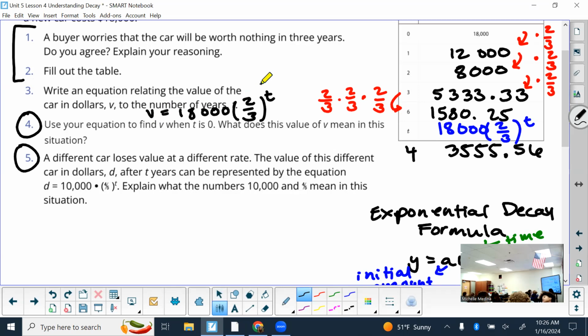If this is my equation and t is 0, table 6, what will my answer be? I think she's calculating it, so I'm giving her a second. Everyone else, you should be mentally answering this because I could call on your table next.